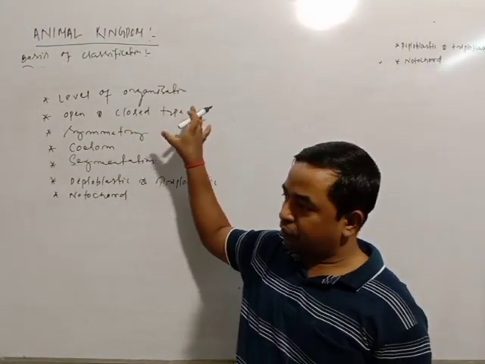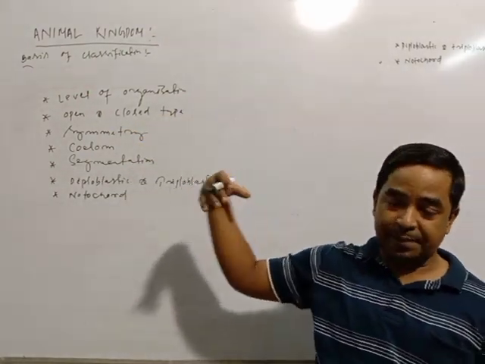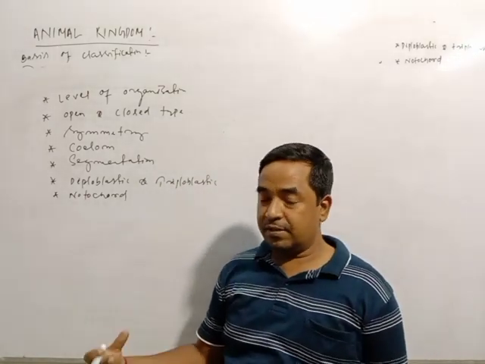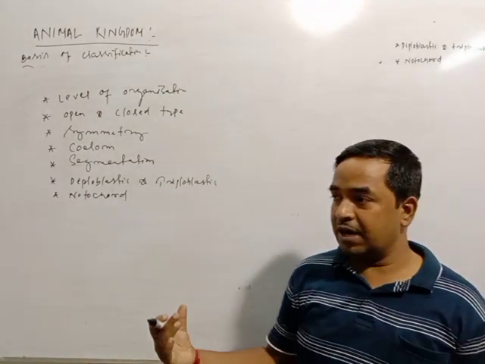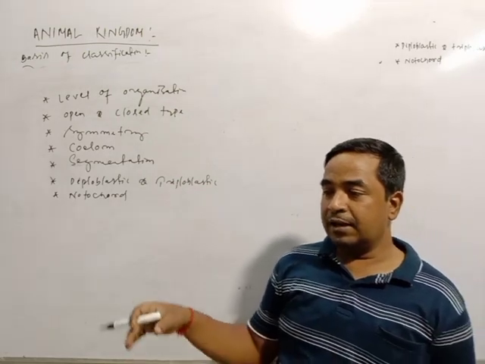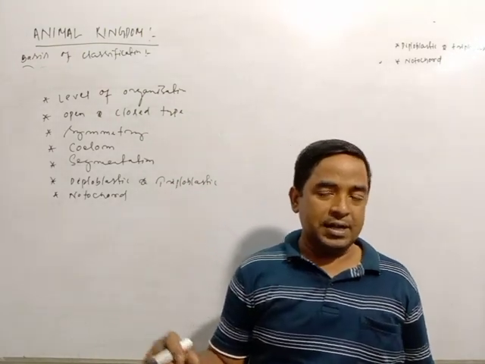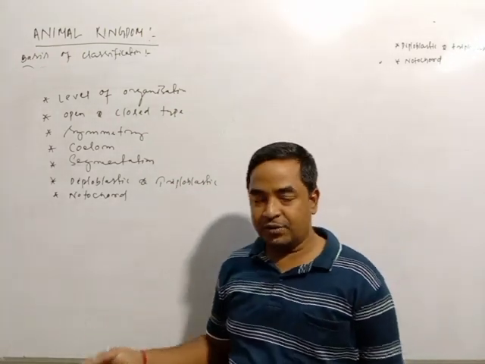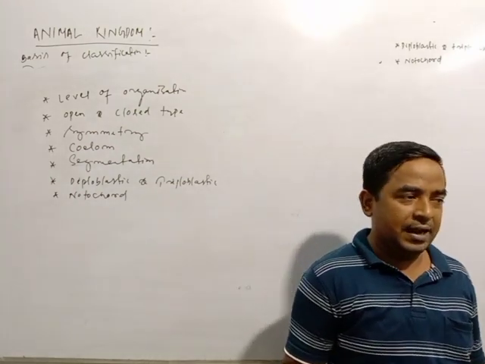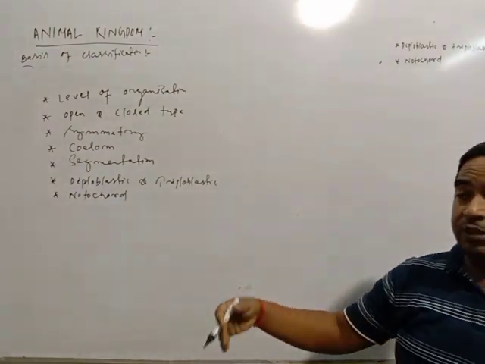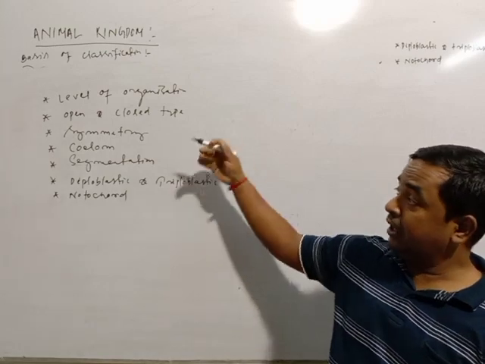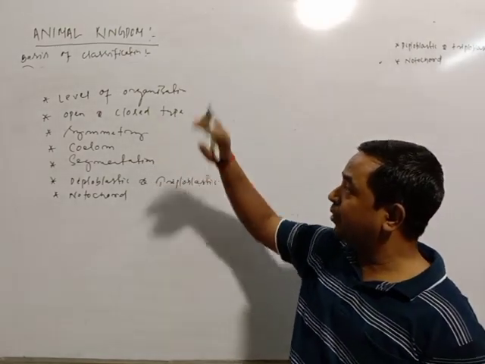Then open type and closed type of circulation. Those having distinct pumping organ, distinct valves, well developed blood vessels, and oxygenation with the environment or with the respiratory organ, it is closed type.